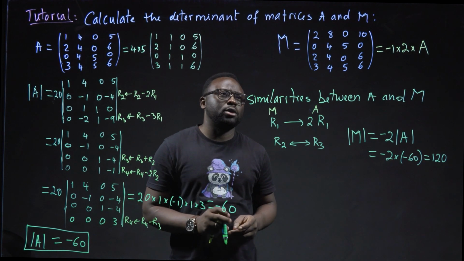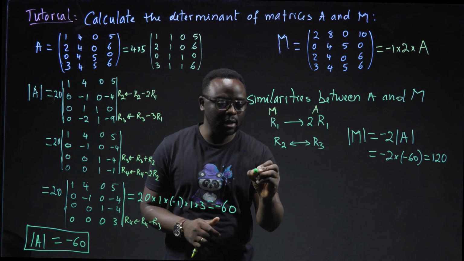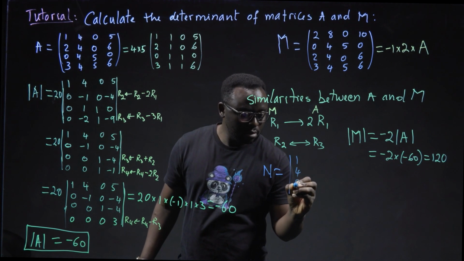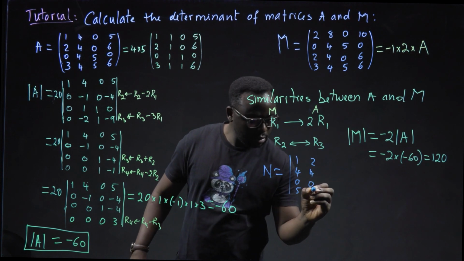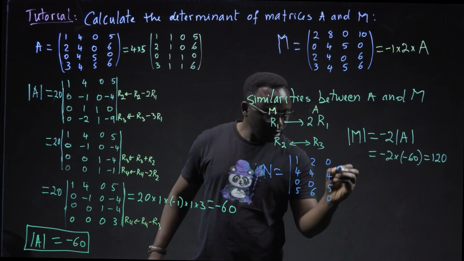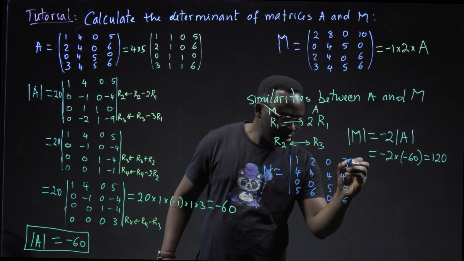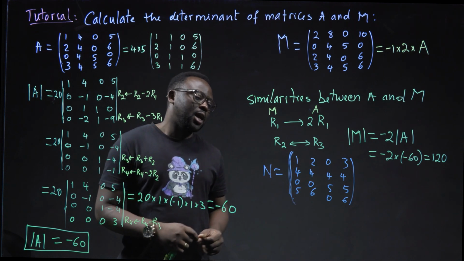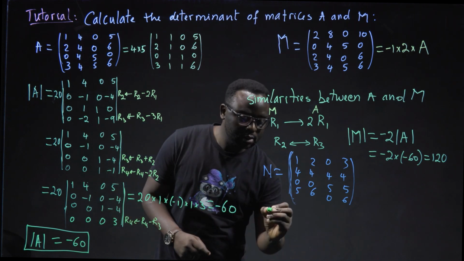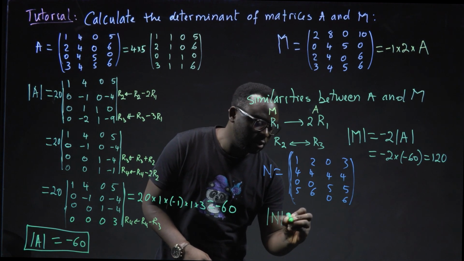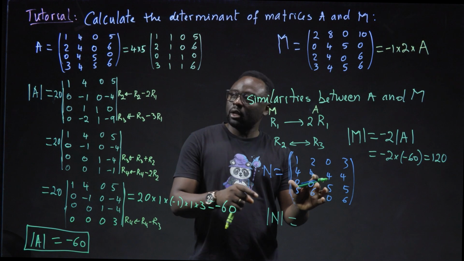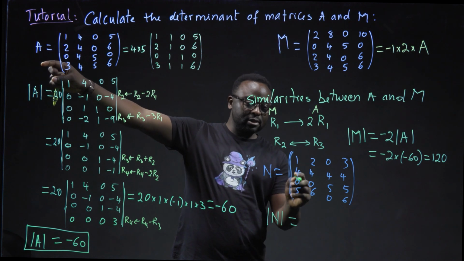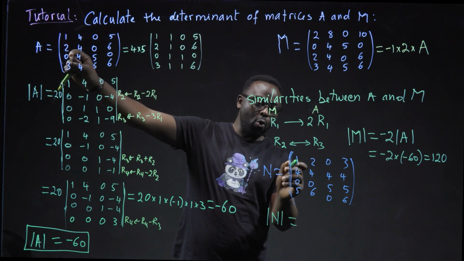So I can quickly give you another matrix. It wasn't part of this, but let me give you this matrix N. If you consider this matrix N, we want to find the determinant of the matrix N. So I can check some similarities between N and A, and you see that the diagonal is the same. We have 1, 4, 5, 6.